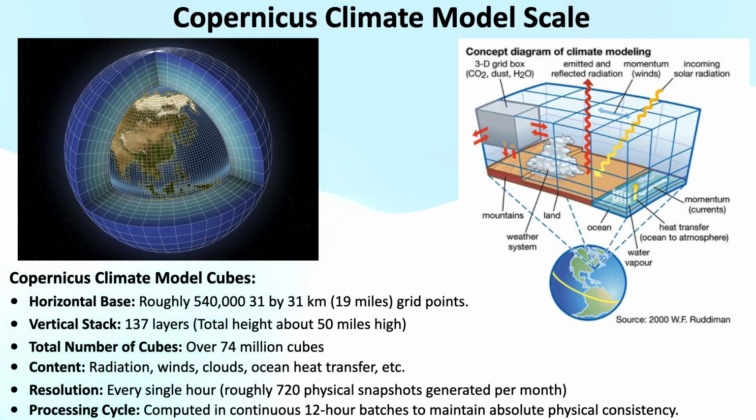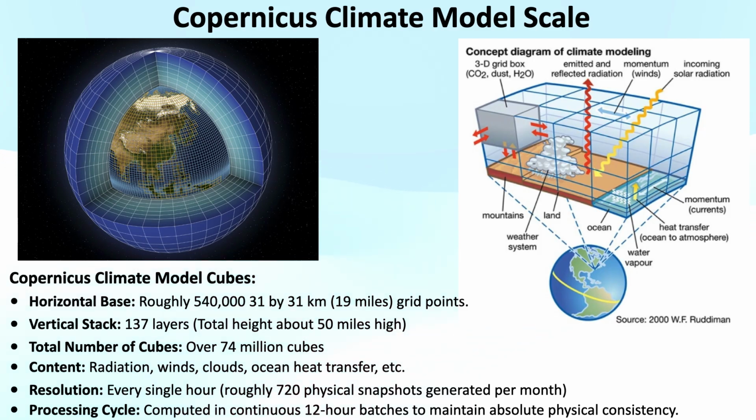Okay, so this gets us back, as we're wrapping this up, to the slide here. What I'm really saying here is this is how we calculate actual temperature. That process involves 540 horizontal cubes, 137 layers into the atmosphere, 50 miles high.